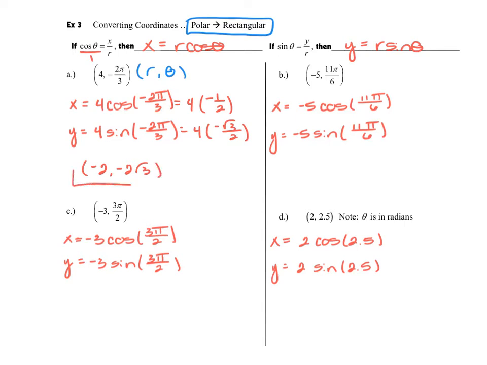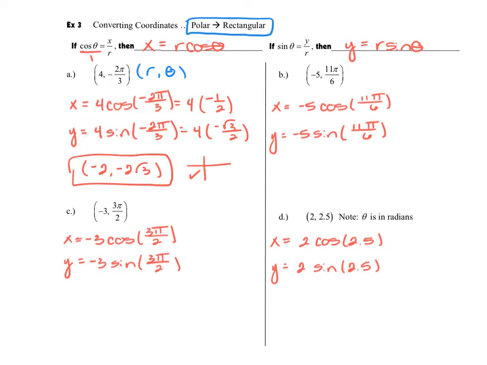This is where understanding how to plot polar points is helpful, because if I plotted that point in its rectangular form, it would be in the 4th quadrant. And if I'm comfortable with how to graph the point 4, negative 2 pi over 3, I would find that it also ends up in the 3rd quadrant. I think I said 4th a second ago, but I meant to say 3rd quadrant.